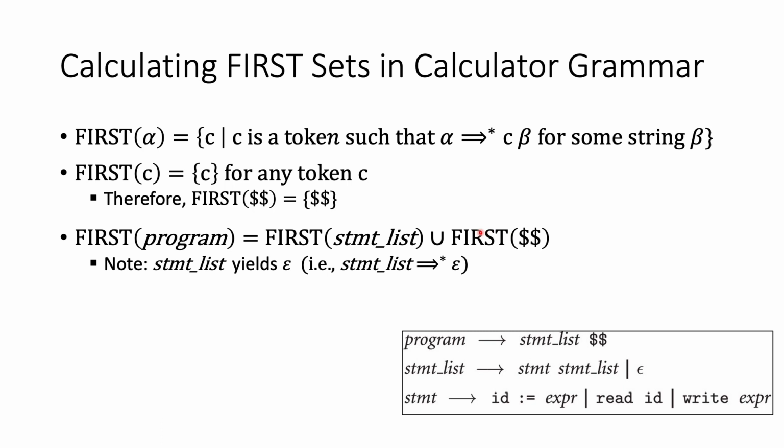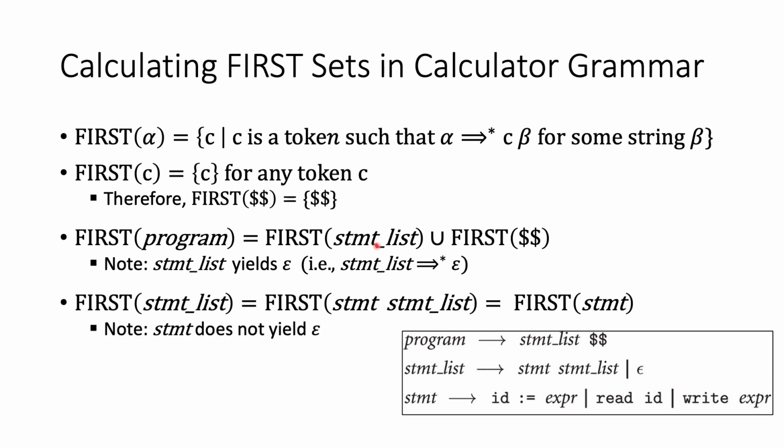So we already know the first of the N marker. Now we need to calculate the first of empty list. When calculating the first of empty list, we notice that there are two productions to expand empty list. But one is the epsilon production, which leads to nothing.